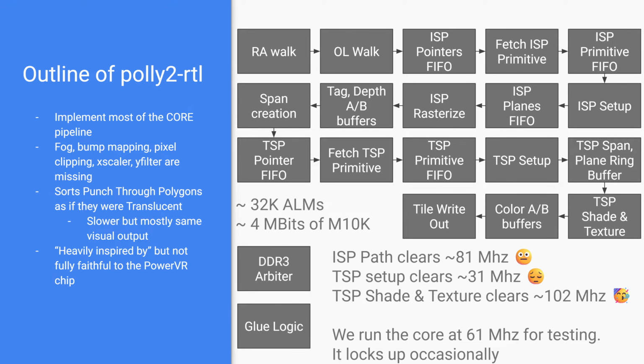This is a ring buffer because we need to support up to 1024 pixels, because technically a tile can have a different triangle in each pixel, a different primitive in each pixel, but that's very rarely the case. Usually tiles have like 30, 40 triangles at most, sometimes just 2.